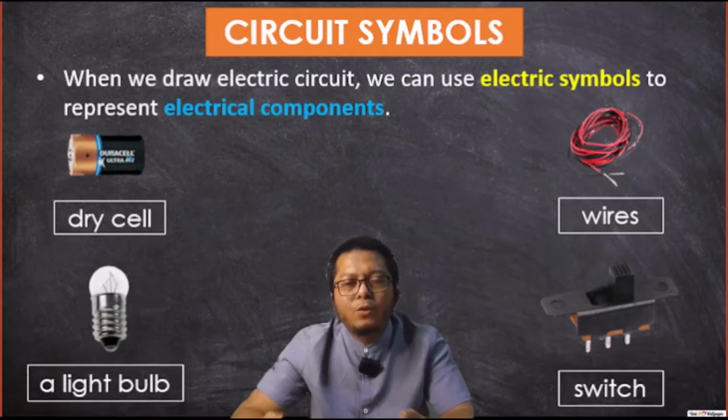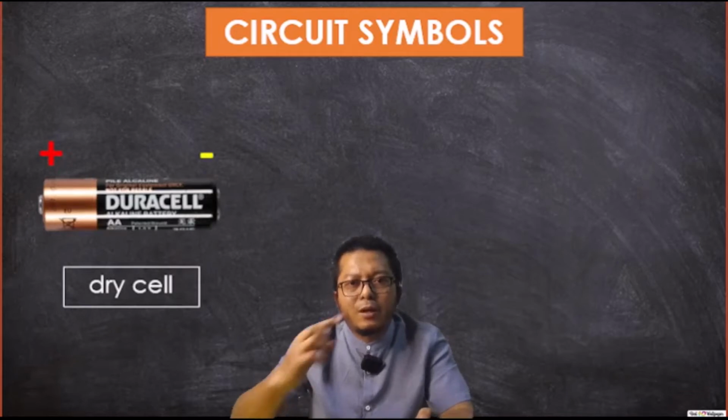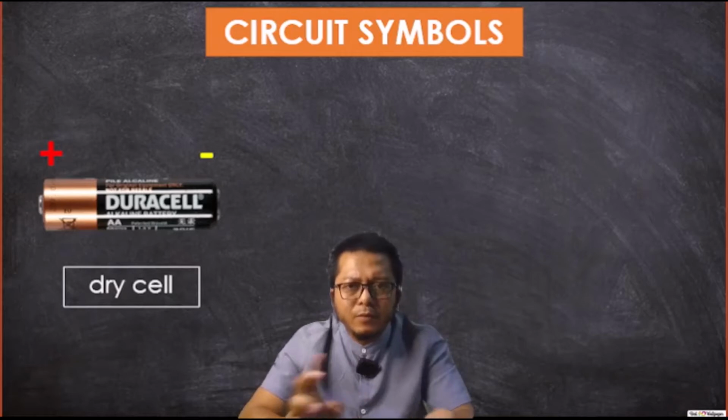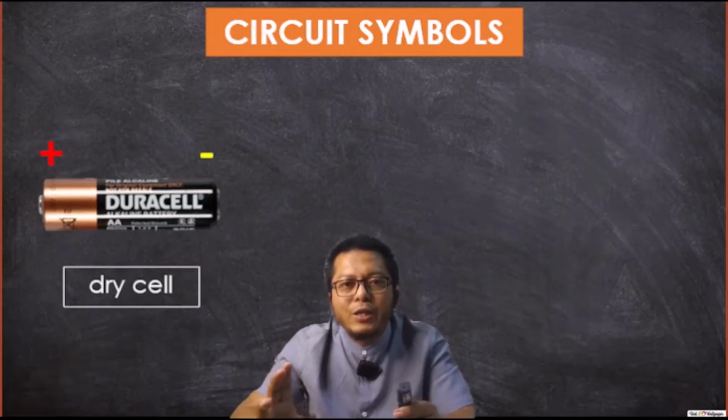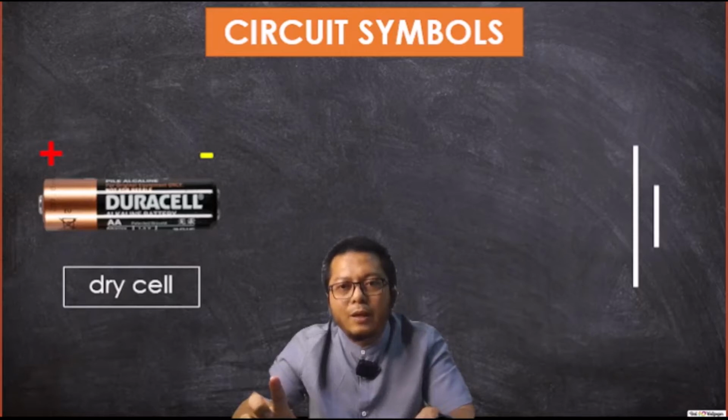So when we want to draw this, we usually draw like this. A dry cell, we usually draw like a dry cell, but then we can change the drawing into symbols such as this one. This is how we draw a dry cell in a circuit diagram.